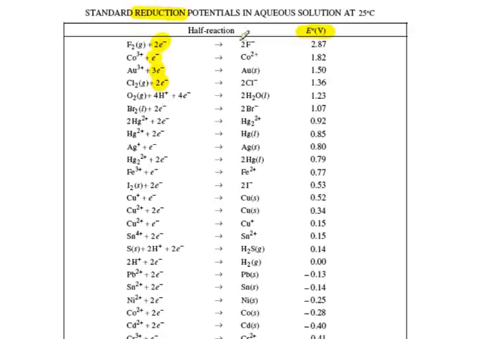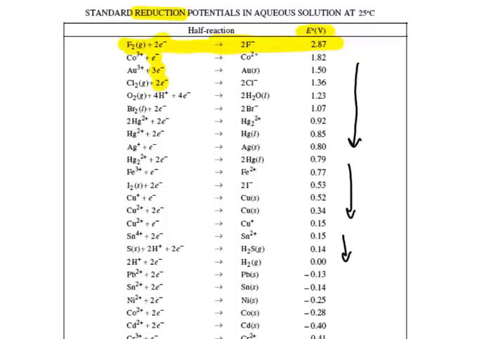This is going from 0 to -1, which is a reduction. Fluorine is the best reducer, and it produces 2.87 volts when it happens. As you go down the list, you notice the voltage drops and gets lower and lower, and then finally becomes negative. This is the best tool to figure out a galvanic cell.